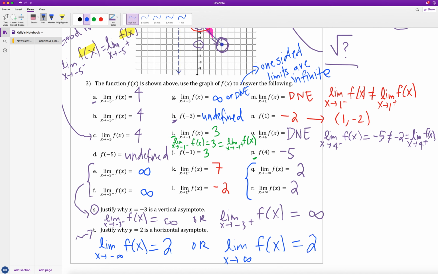And again, you only need one of those to technically justify this, either the limit as we go to negative infinity or the limit as we go to positive infinity, which is why you can actually see two different horizontal asymptotes on a graph, because the left side might plateau to some number and the right side might plateau to a different number. That is the end of how we can evaluate limits given a graph.